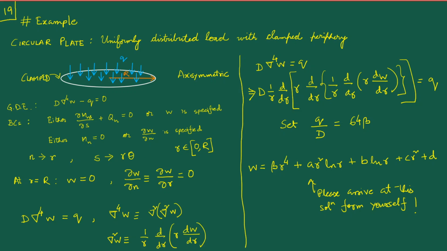Okay, so now that we have the solution form, I'll copy this in the next page. You see, this form contains logarithmic terms. It has an r square ln r. It also has an ln r.